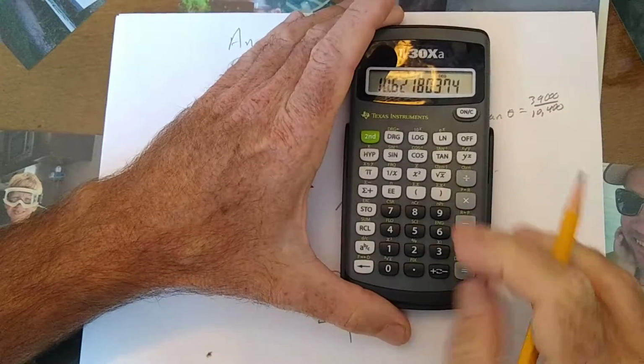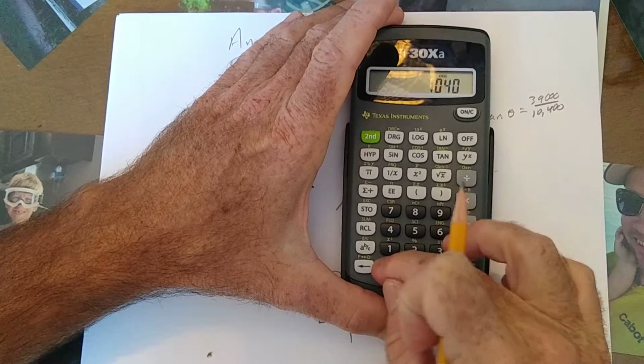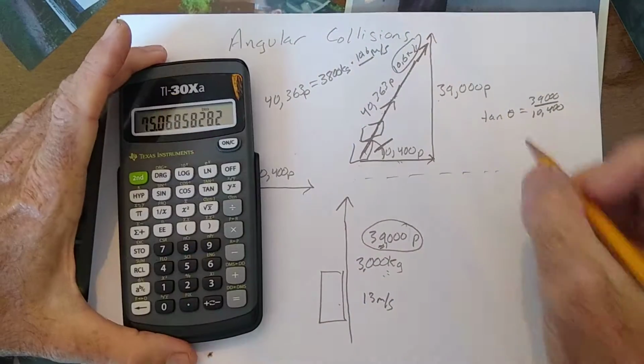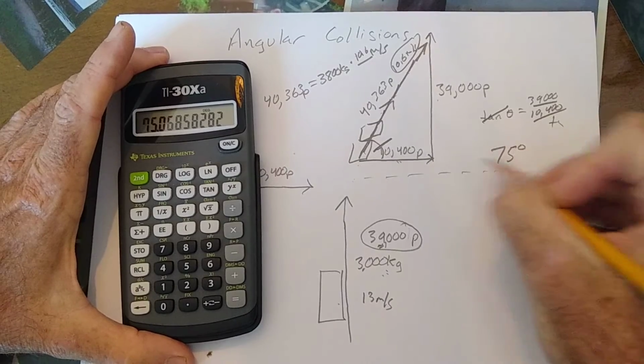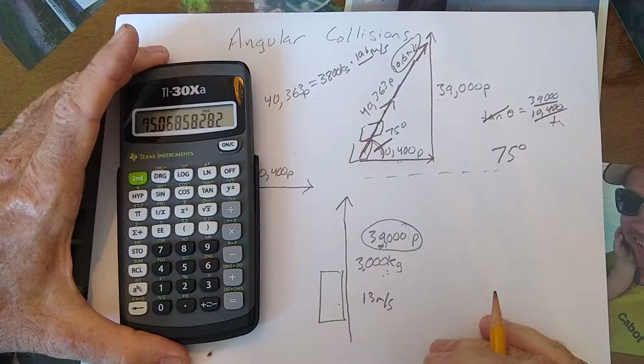And we'll say 39,000 divided by 10,400 equals, inverse tan, 75 degrees. So this angle is 75 degrees here, right?